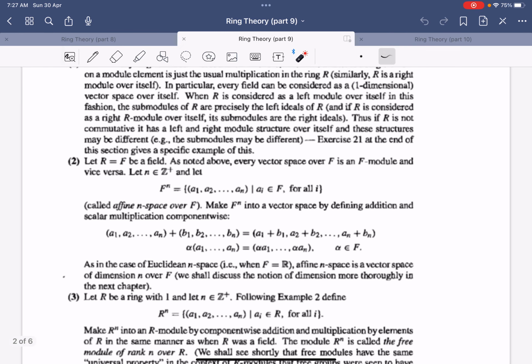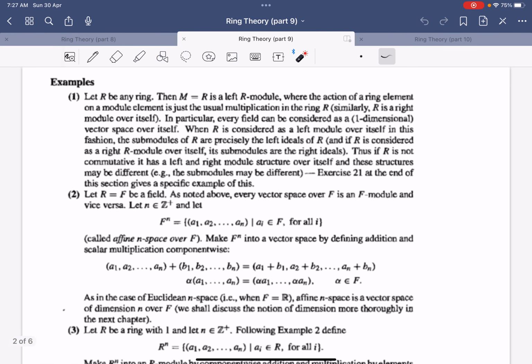Let's see some examples. Let R be any ring, and if we let the set itself be R, then it is itself a left R module, where the action is just the usual multiplication.